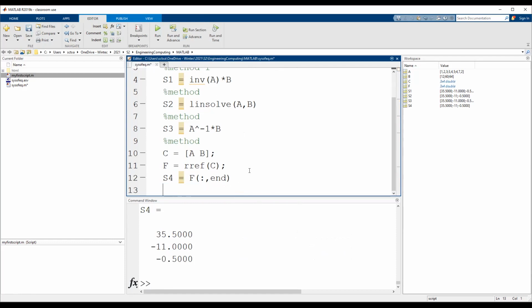Now next thing, when we have all these methods and when we calculate the solution, we need to check how accurate it is. For that purpose, we can use the function norm. Let's say I want to check the accuracy of this S4.